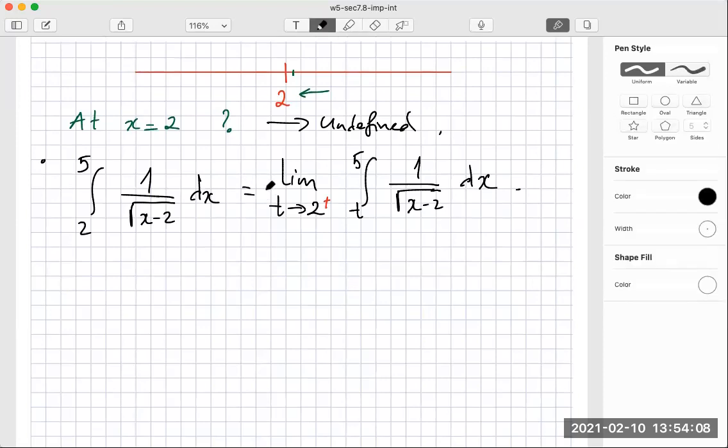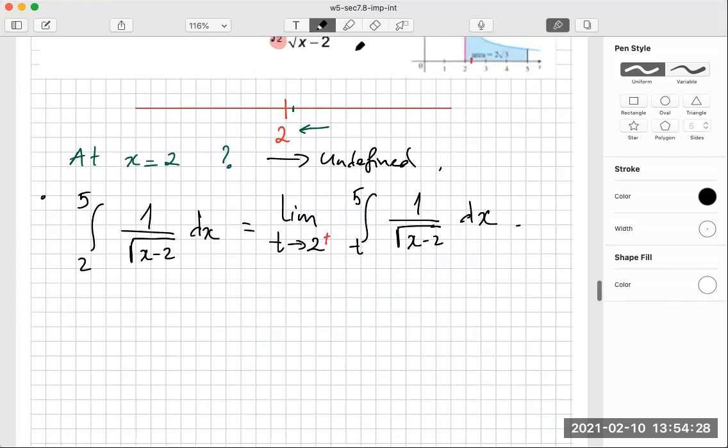What should we do now? It becomes a typical integral, right? We do the limit later. Let us compute this integral. And so here, t is larger than 2, so this is easy to compute.